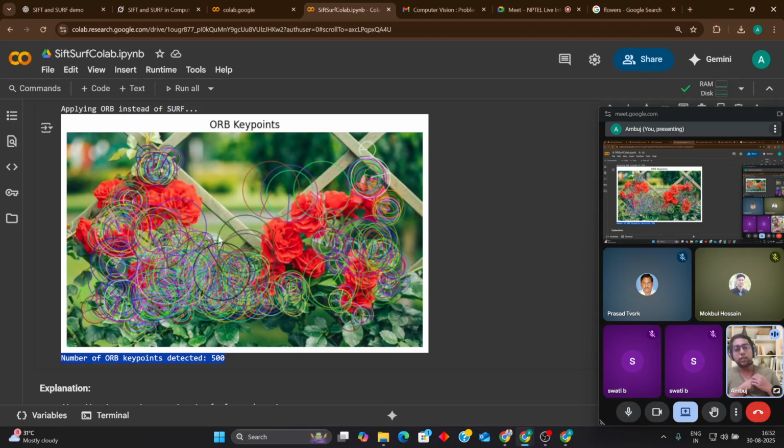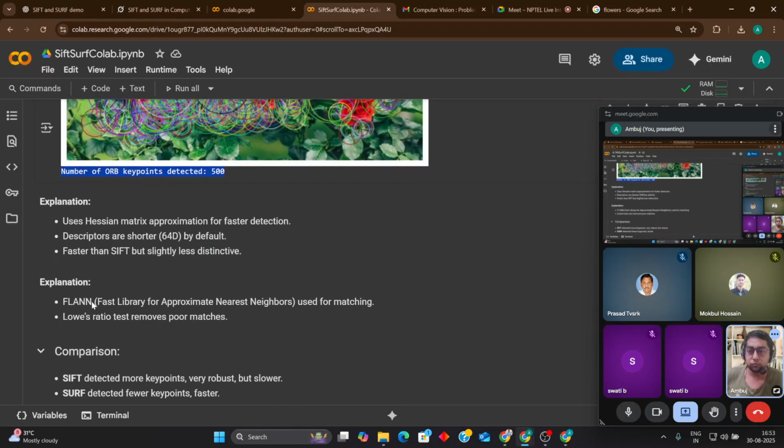This one is the latest detector. This is very important: I told you the complexity should be minimal, the convergence should be as soon as possible. Those two aspects are very important, and the third aspect is that time and space complexity should be minimal. So it will use the Hessian matrix.